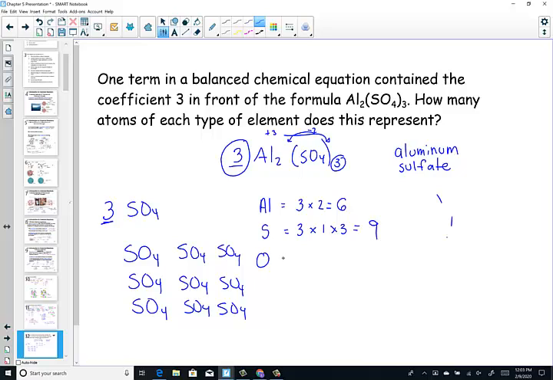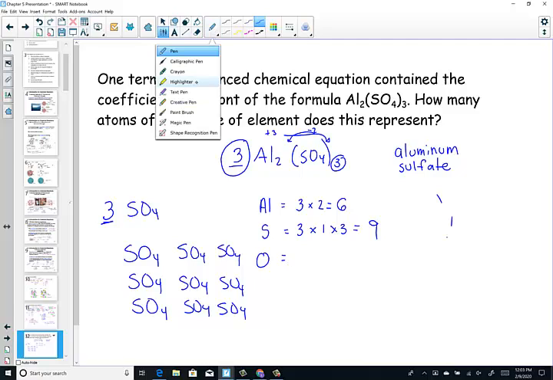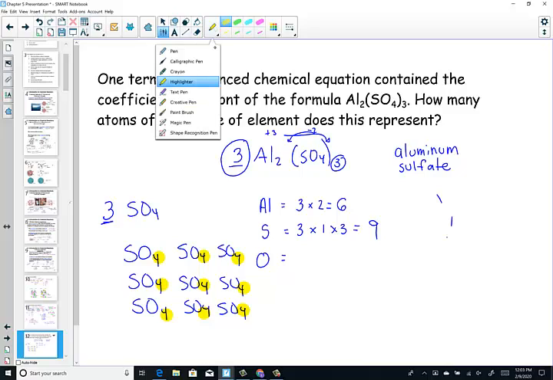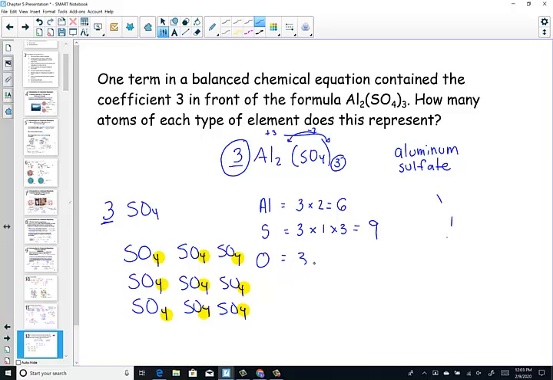How many oxygens? Well, count how many oxygens there are, and you'll see 1, 2, 3, 4, 5, 6, 7, 8, 9 groups of sulfate, and each one of those has 4 oxygens in it. So to kind of calculate that, you'd have 3 groups. Each one has 4 oxygens, and they're taken 3 times. 12 times 3 is 36 oxygen atoms.